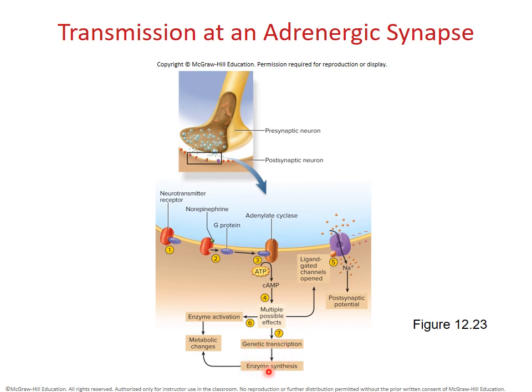Oftentimes, once again, it's a very specific enzyme which will catalyze a very specific chemical reaction in the postsynaptic cell, again altering its metabolism in a very specific way to create some kind of response. So neurotransmitters don't always have to cause an inhibitory or excitatory postsynaptic potential.